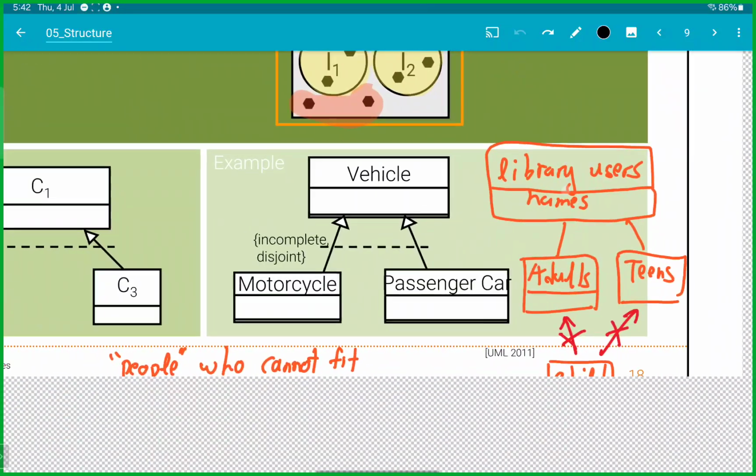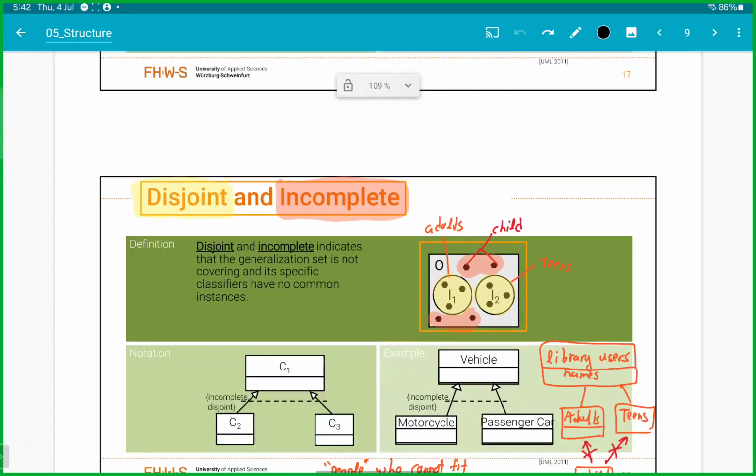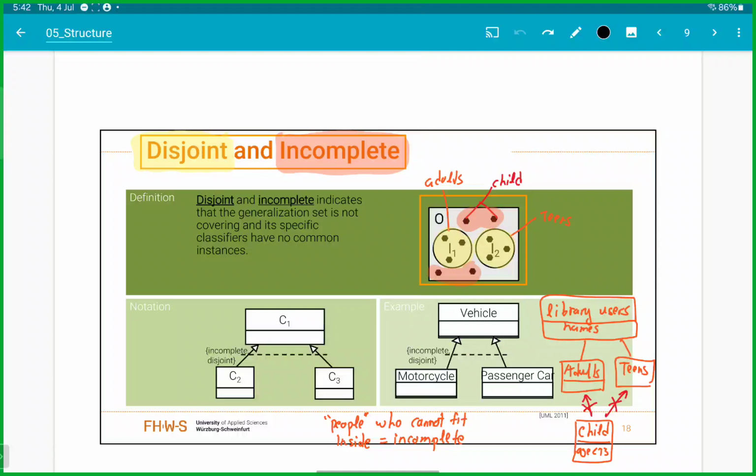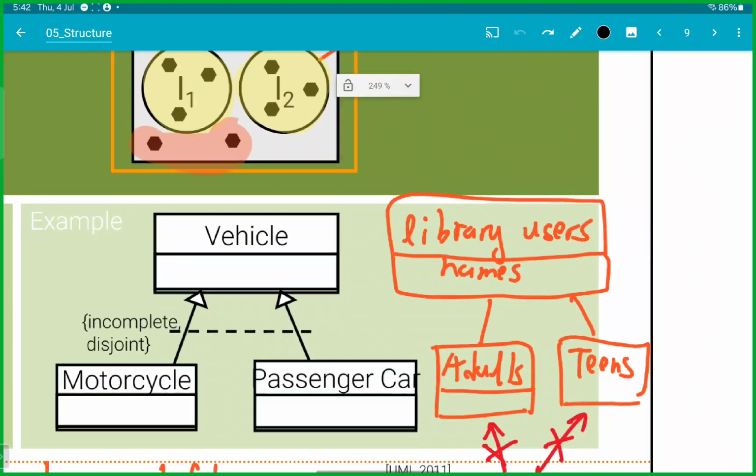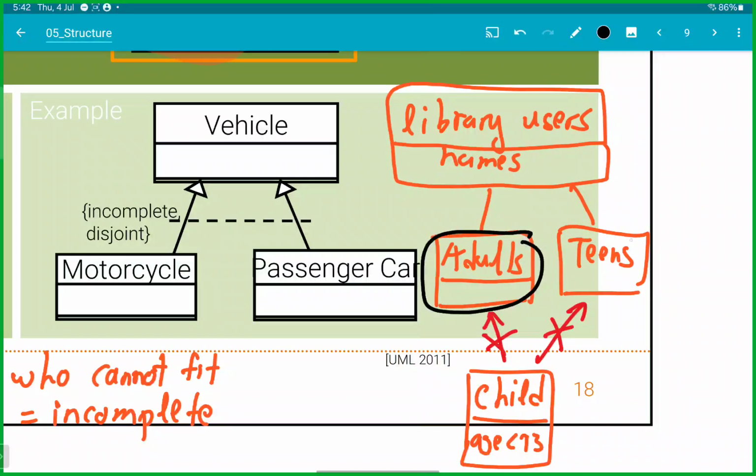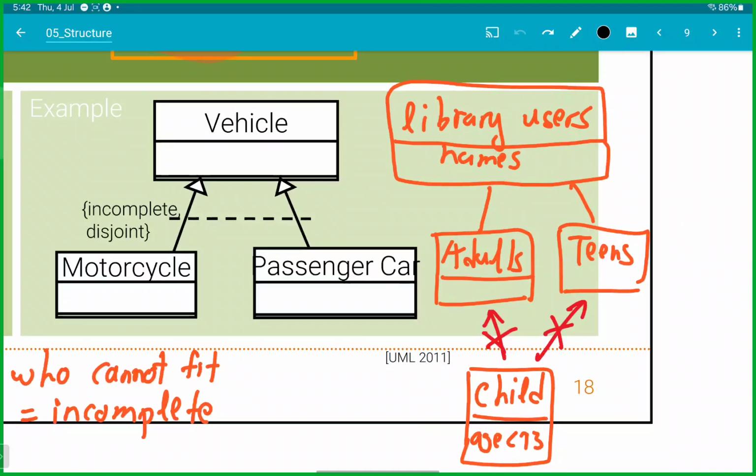So when we go to an example of disjoint and incomplete, when we have library users, we have adults and teenagers. Anyone who is above 18 will be an adult. Anybody who's below 18 will be a teenager. But to be a teenager, you also have to be above the age of 13.